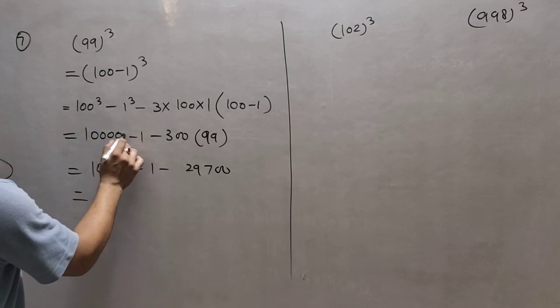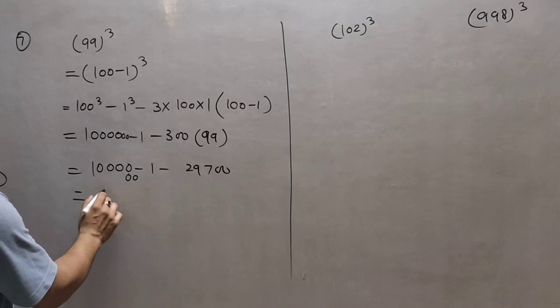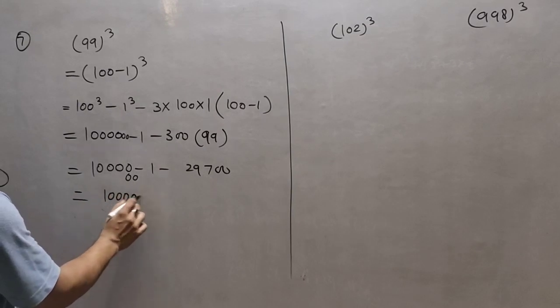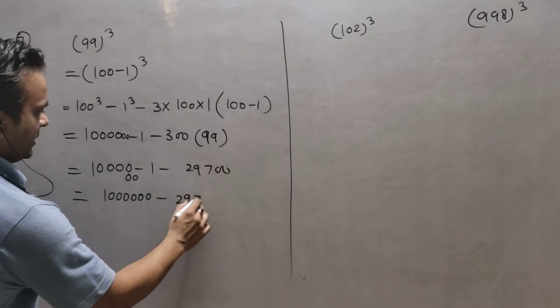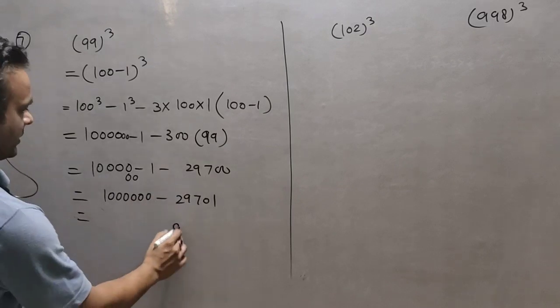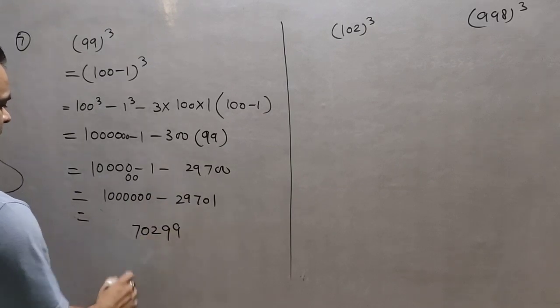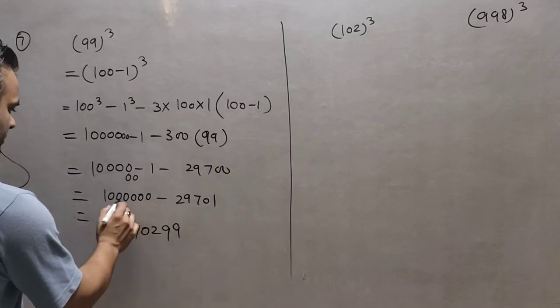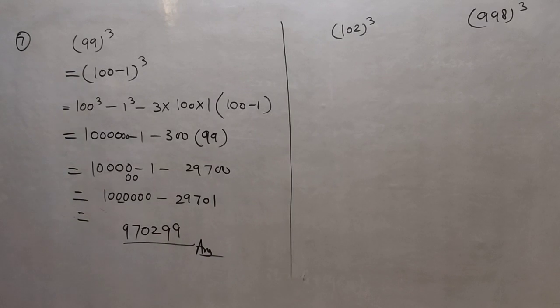Okay, I think we will put here 6 zeros. So now the question is 1,000,000 minus 29701. So you have to subtract it. So it will be 970299. So 99 cube we have done. So this is the answer, right?